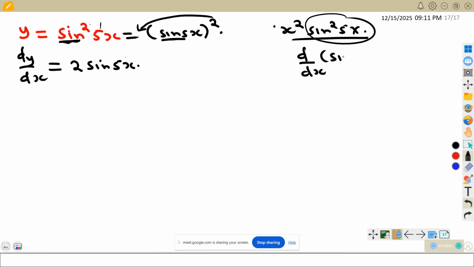sine of 5x. What is the derivative of sine 5x? A fifth? 1 over 5 cos of 5x? Okay, thank you. Any other? What do you get when you differentiate sine 5x?